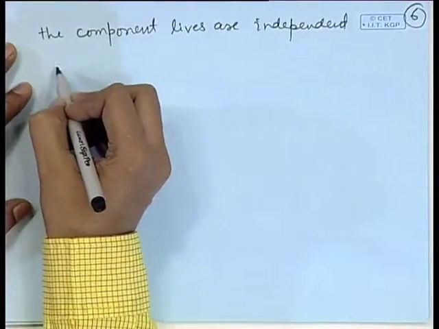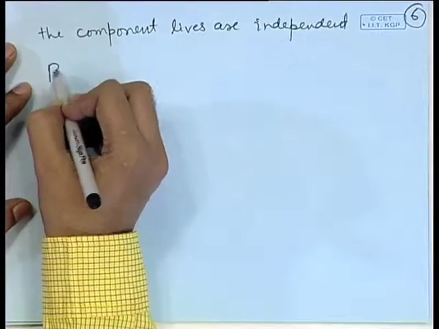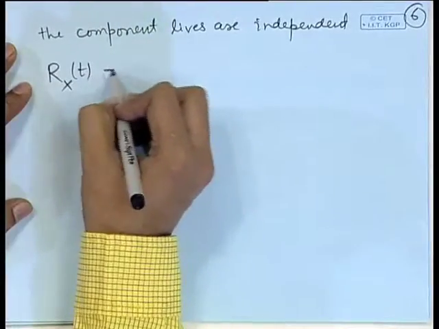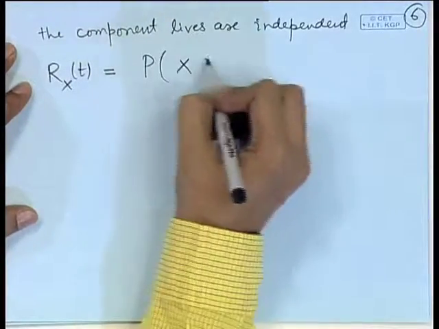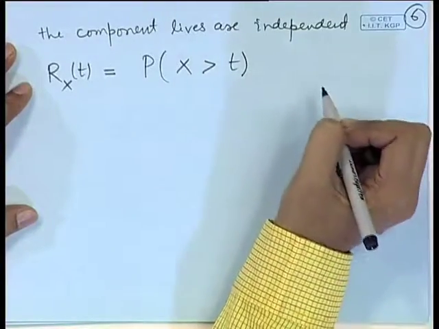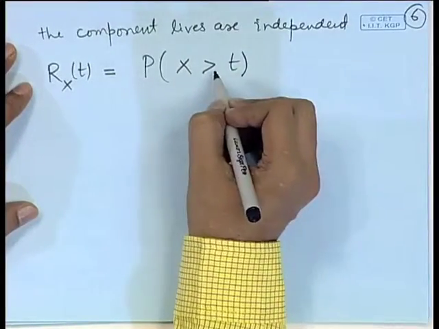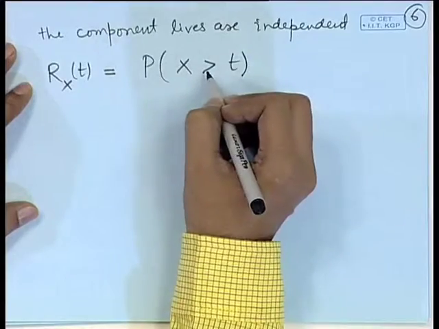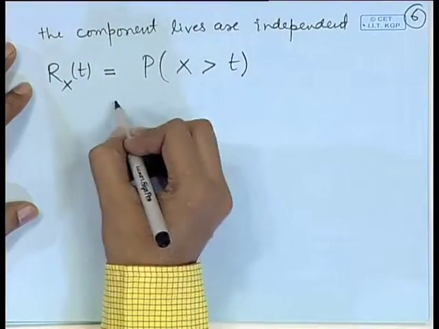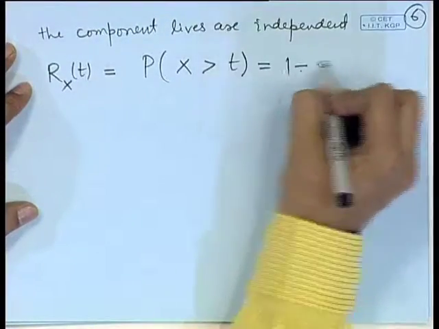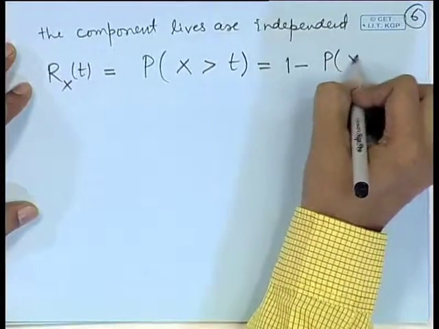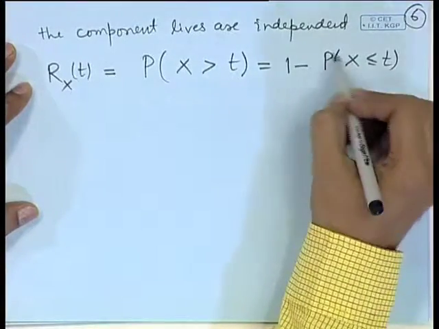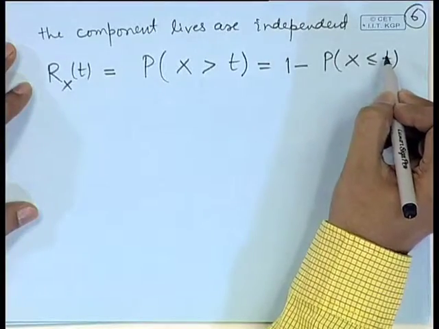Now, if we consider the reliability of the entire system at time t, this will function if any of the components is functioning. So, we can write it as 1 minus probability of x less than or equal to t. That means the system fails before time t.